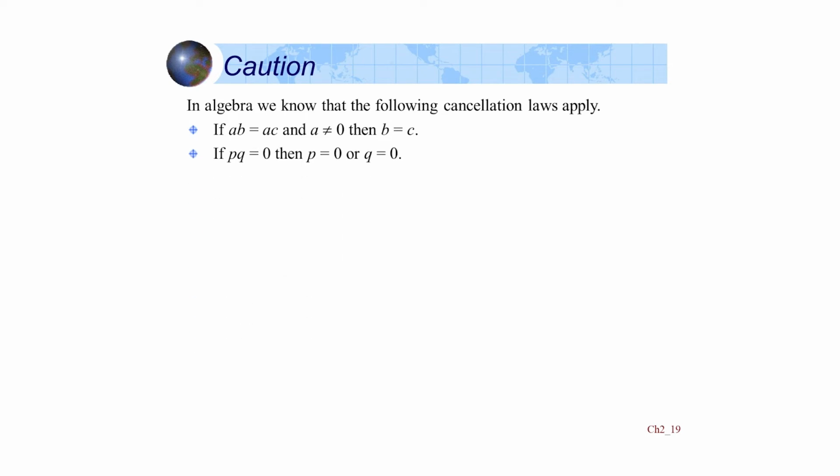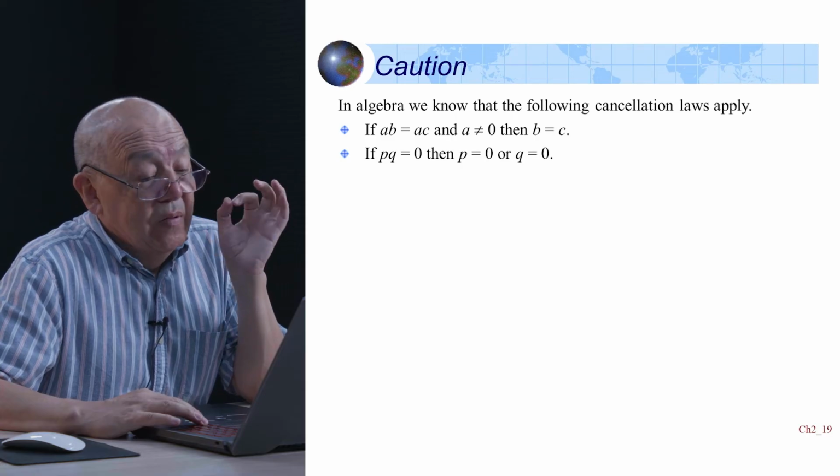And another rule says the following: if a product is 0, then some factor of this product is 0. In particular, if PQ is 0, then P is 0 or Q is 0. And for matrices, this rule is also not true.